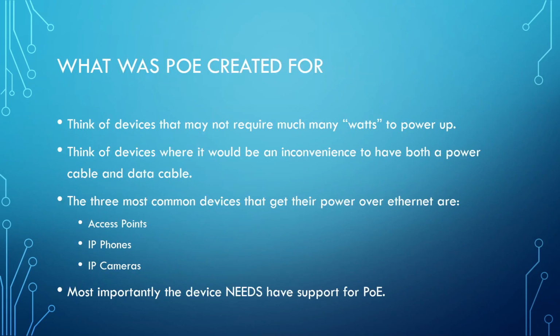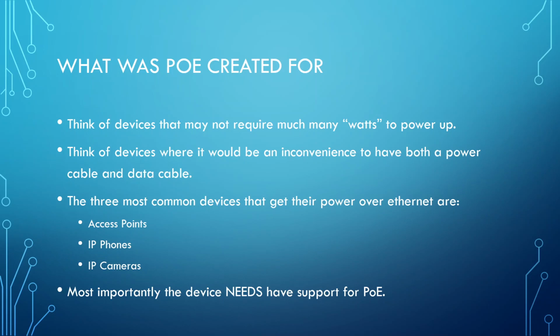Now, what was Power over Ethernet created for? If I can't power every device, if I can't power my switch, my laptop, my computer, what can I power? Well, let's think about devices where it may be difficult to install a power supply or a power socket. Prime examples, IP cameras and APs. Those devices may be located in areas where it's difficult and costly to get power installed.